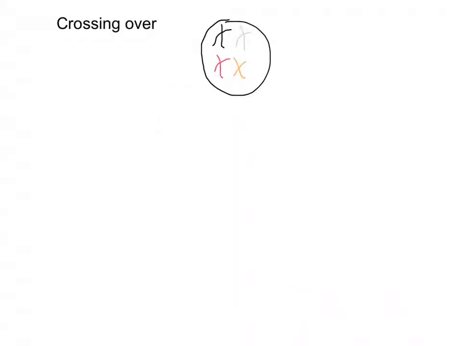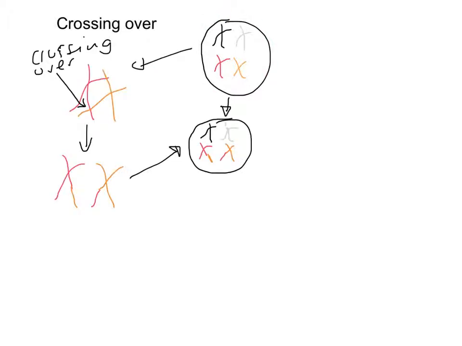To show you crossing over, I've gone back to the original cell with the 2 homologous pairs. In crossing over, the pairs, when they line up in prophase and metaphase, they can get tangled up. And when they get tangled up, they break off bits and they swap bits of genetic information. So you can see here that a little bit of the orange chromosome has been swapped with a little bit of the red chromosome here.